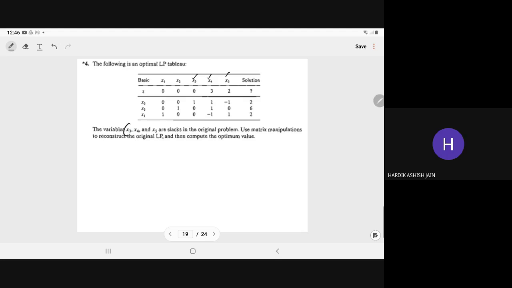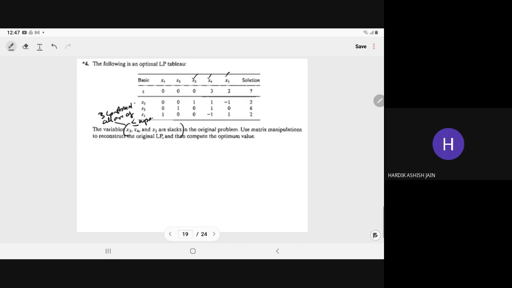What is the meaning of this line? We have three constraints, and all are slack, meaning all are of less than equal to type.